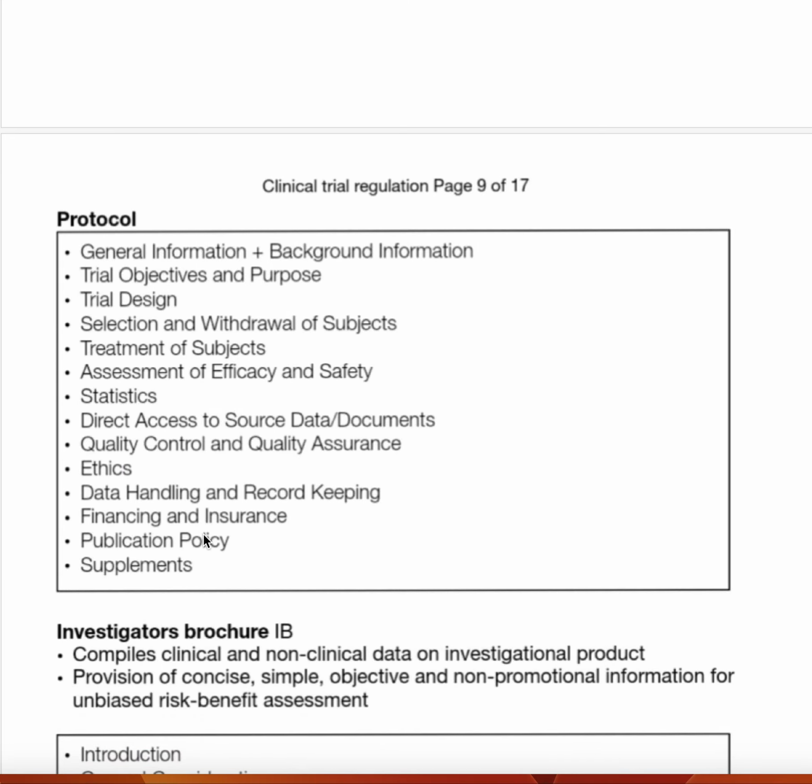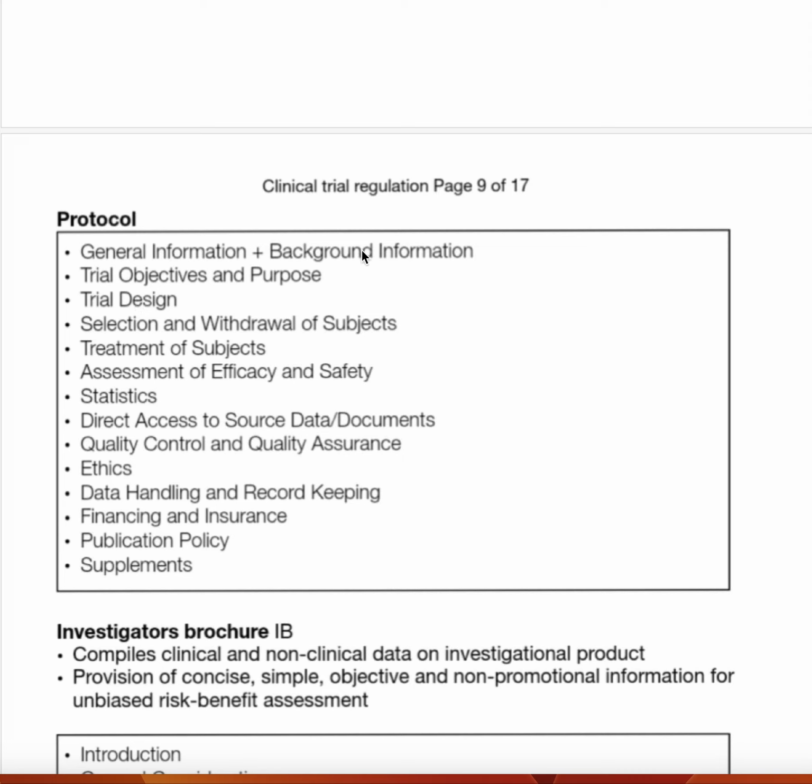And about the protocol, what are the points that should be present in the protocol? The first one is general information and background information.